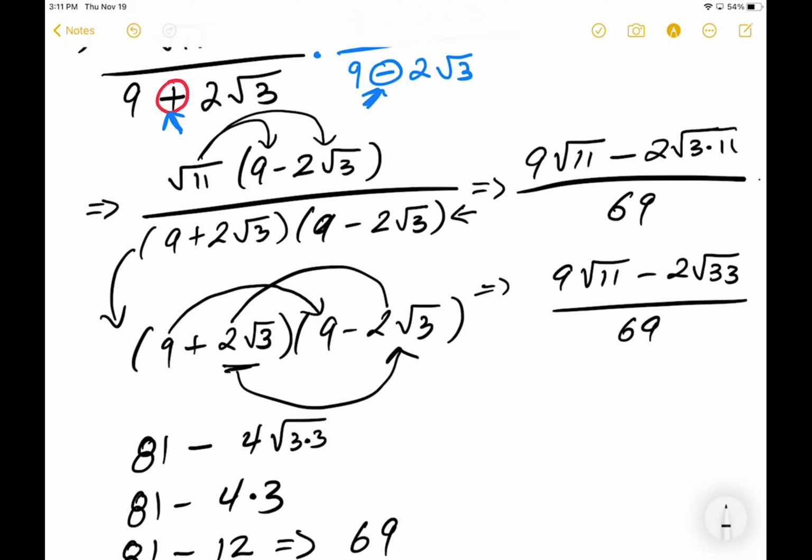Looking at this, you can reduce it by 3, but you can only reduce the first one. For now, I accept this answer.